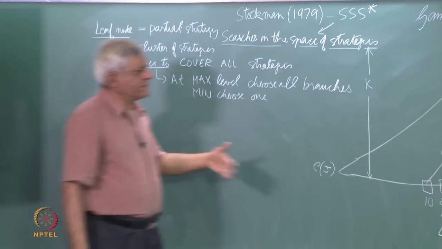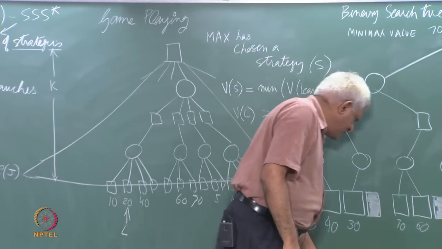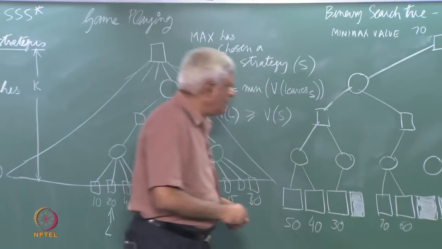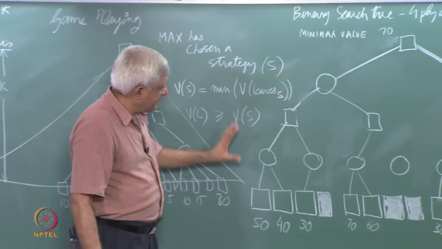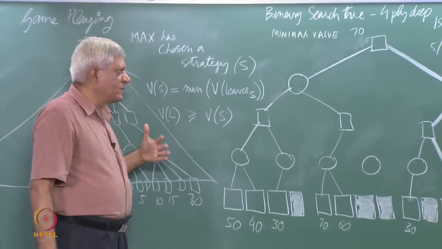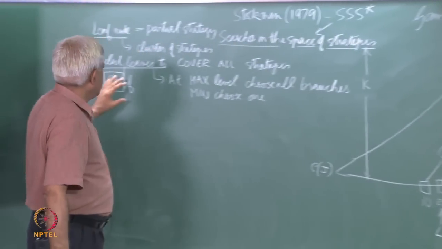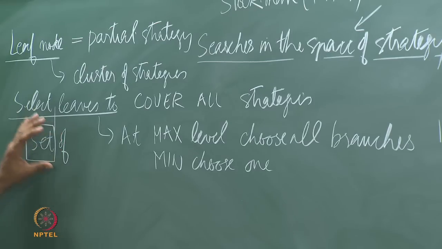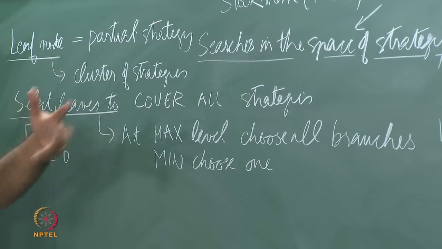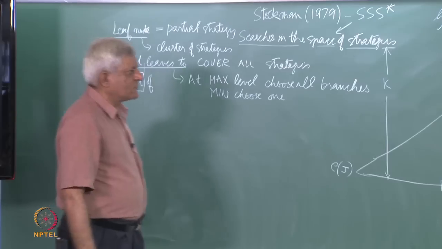So, let us do that for this game tree that we had considered for the alpha beta algorithm. We want to now explore how the SSS star will do this. First it starts off by selecting a set of leaves where each leaf represents a cluster of 2 strategies in this case, but we must select the leaves so that all strategies are covered, so that we do not miss out on any strategy.